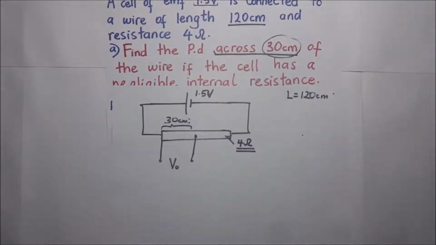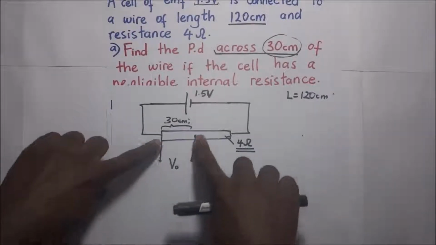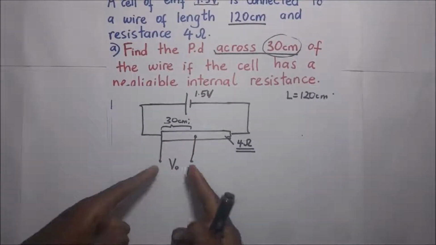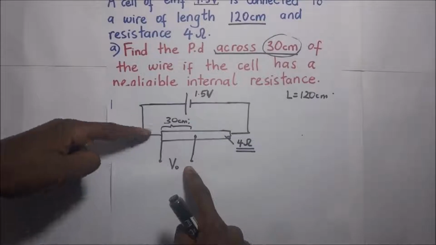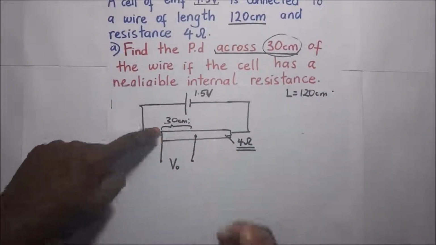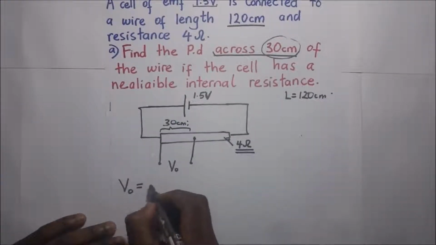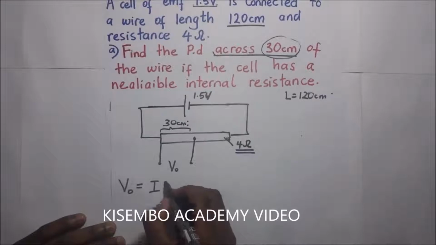So again, like before, to get this potential difference V across the portion here, we need to find the current going through that portion times the resistance of that portion. So V naught is going to be equal to I times R.